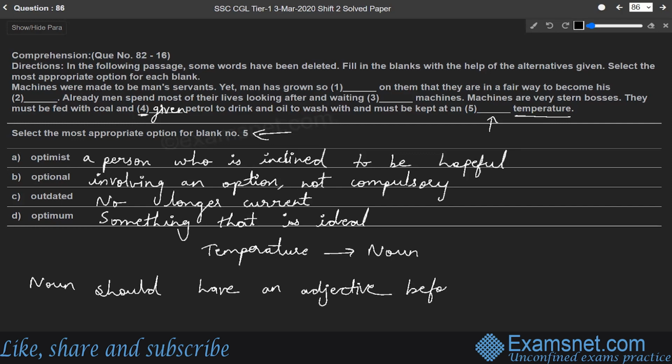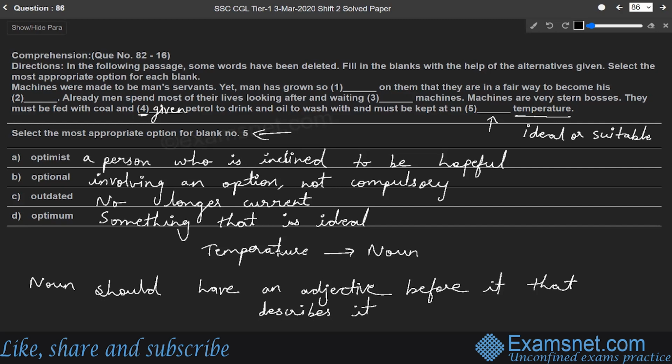So here the word temperature acts as a noun and we need an adjective before this word to qualify it. And also as per the context of the passage, we need a word which will mean an ideal or suitable temperature, because temperature should be ideal or suitable. So according to the passage, we need a word that means ideal or suitable, right?